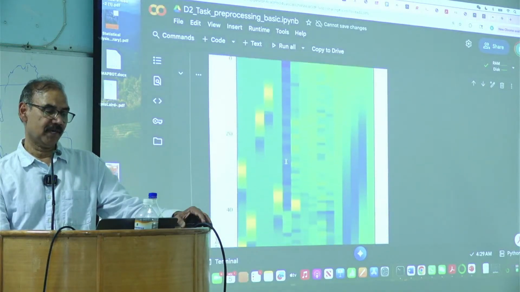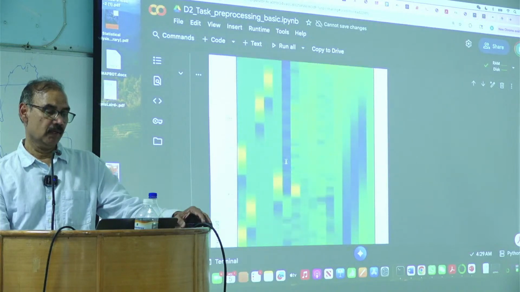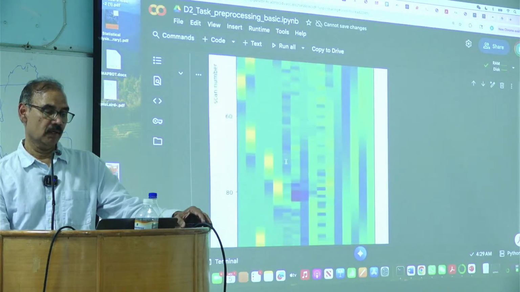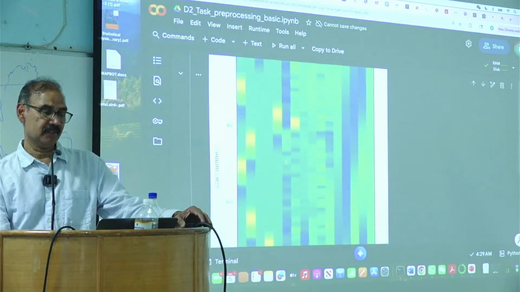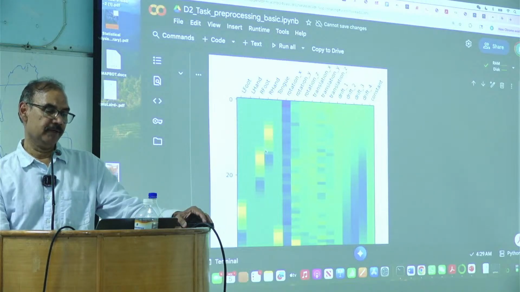This is the task design. These are the different conditions: left foot, left hand, right foot, right hand, and tongue.